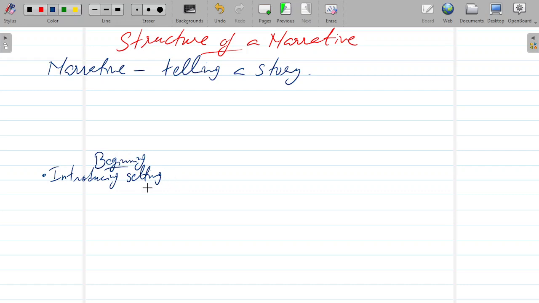So, the where and when, right? You'll be introducing characters, and because you're short on words, 350 to 450 is not a lot, you don't want to fill in your story with lots of characters. You want to have one, two, maybe three characters at most, so you can stay focused, right?